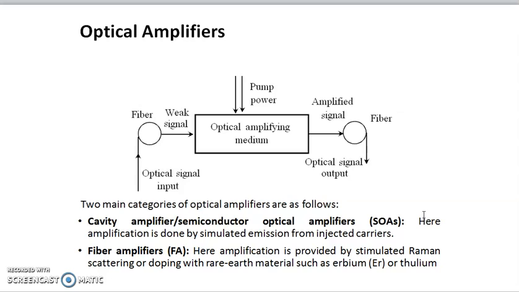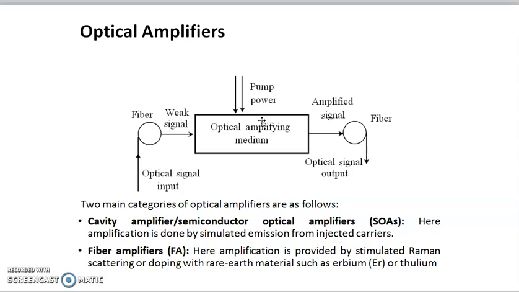So as I told you earlier, an optical amplifier has an optical amplifying medium. The process of amplification by stimulated emission or by stimulated scattering gives us the types, or categorizes the optical amplifier.